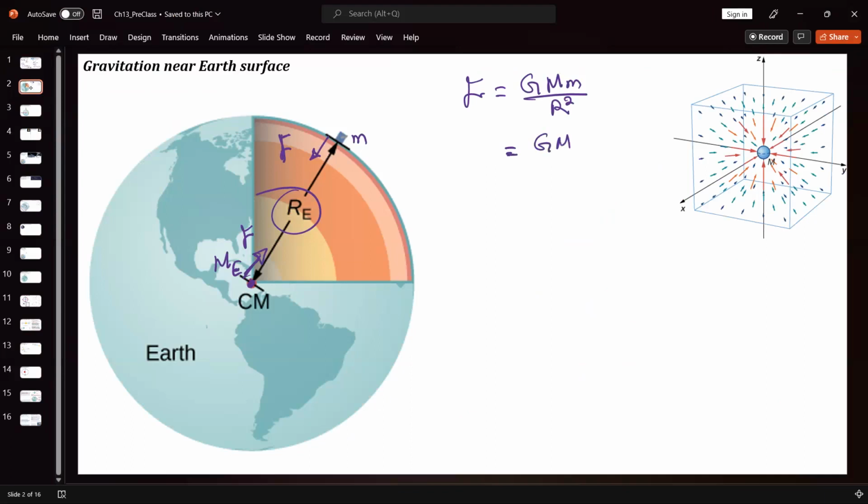If I separate G M over R squared times the small m, this constant part, large G is a constant, large M is the mass of the Earth, which is a constant, and the radius of the Earth is a constant, which means around the Earth's surface we have treated this so far as a gravitational constant. That is the number we're using so far, 9.81.